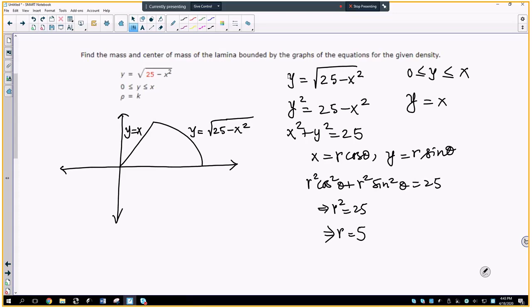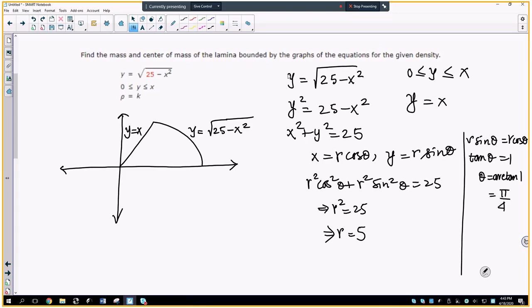What else? Think about the line y equal to x and do the same substitution. You get r sine theta equal to r cosine theta. Divide both sides by r cosine theta, you get tangent theta equal to 1. So theta is equal to arc tangent of 1, and that's pi over 4.